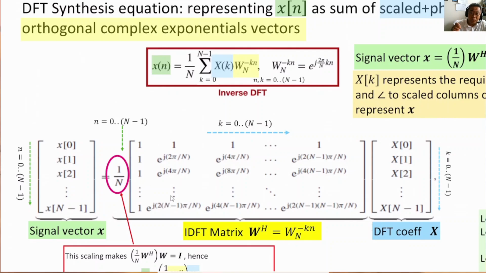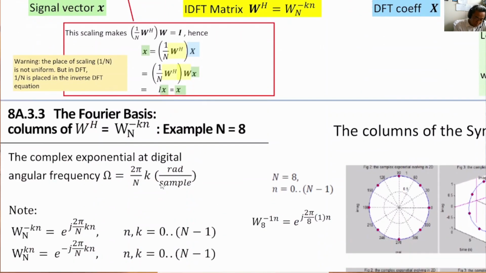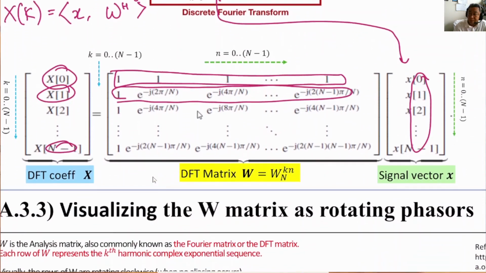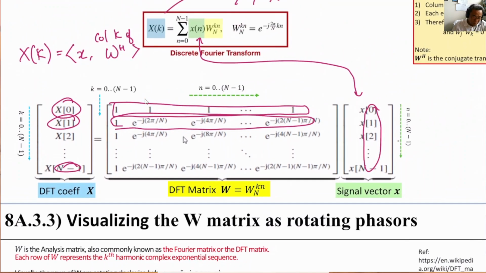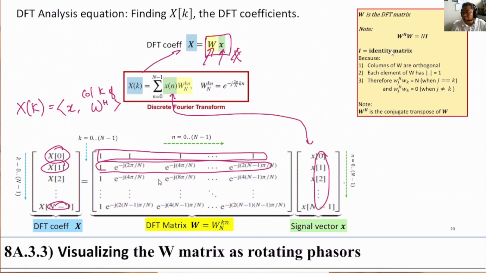When we want to perform the inner product with this column, we have to transpose this column and conjugate it, so we put all the minus signs. Now look at this column. It's exactly column 1 of W^H, transposed and conjugated. So the relationship between W^H and W is very close to an inverse.